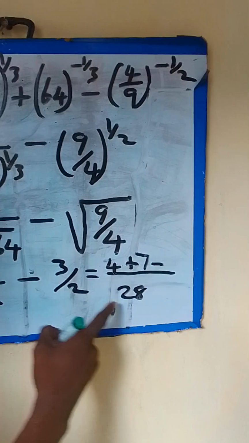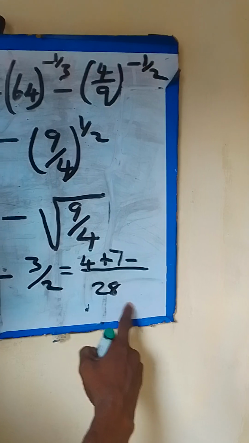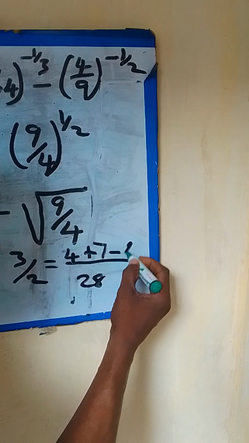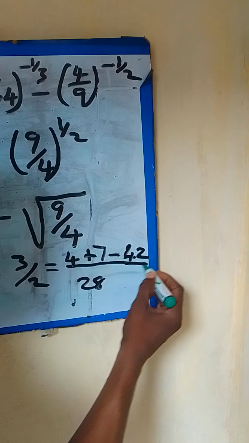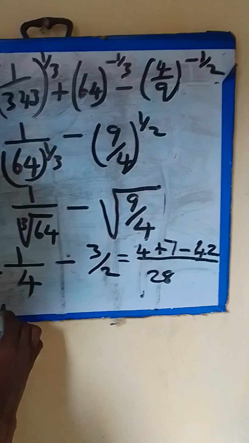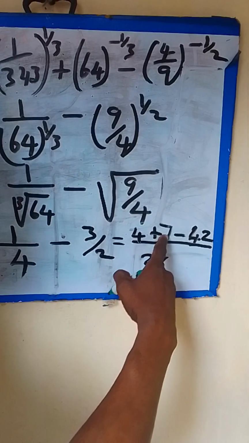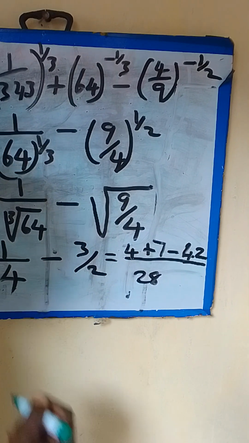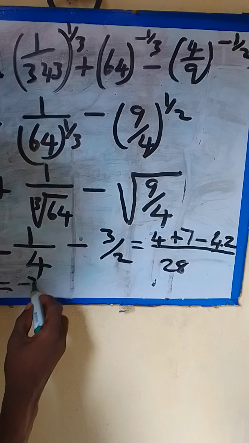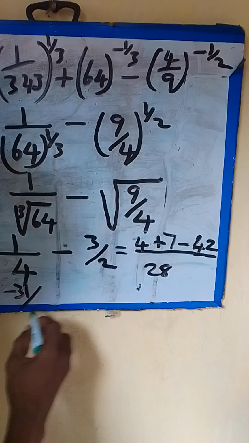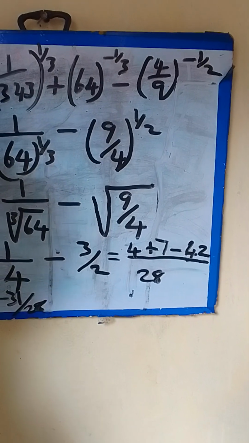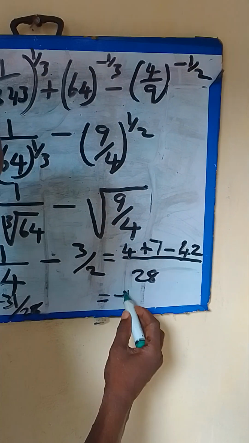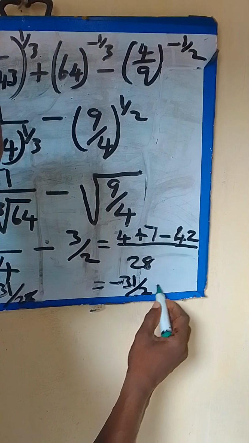Minus 2 into 28 goes there 14 times. 14 times 3 will give us 42. So now from here, we are going to have 4 plus 7 is 11. 11 minus 42 is minus 31 all over 28. So you can now see that this is minus 31 all over 28.